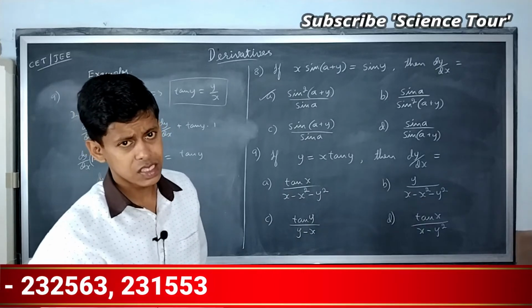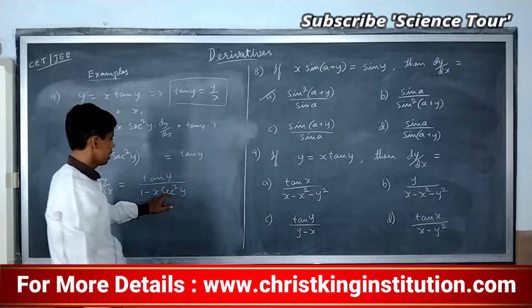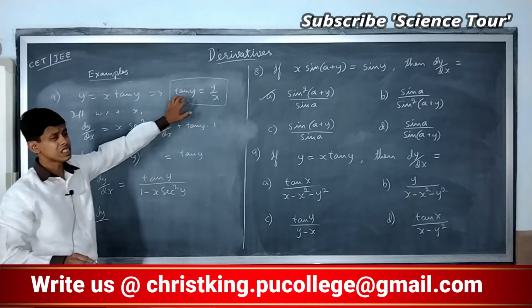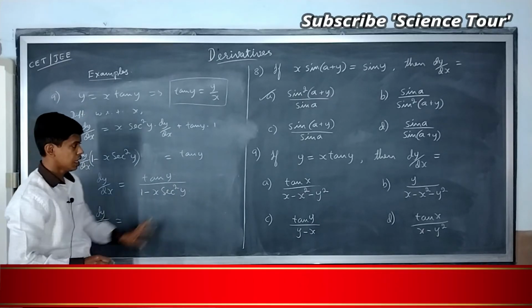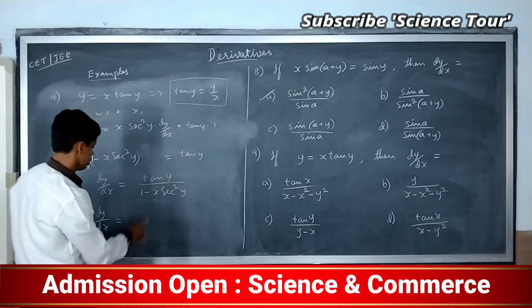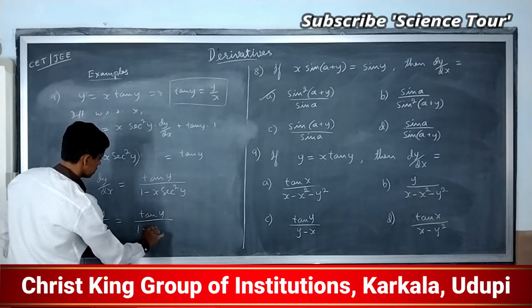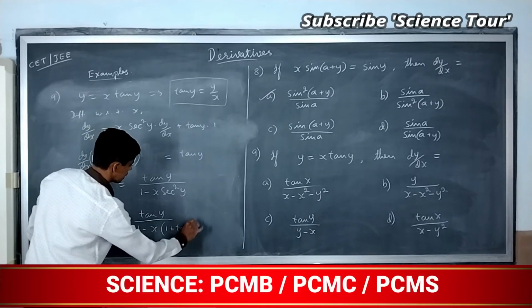I mean what is secant square y? 1 plus tan square y. So in this place write 1 plus tan square y, so that we can replace y by x in place of tan, and that will generate one of the options. So tan y divided by 1 minus x into 1 plus tan square y.